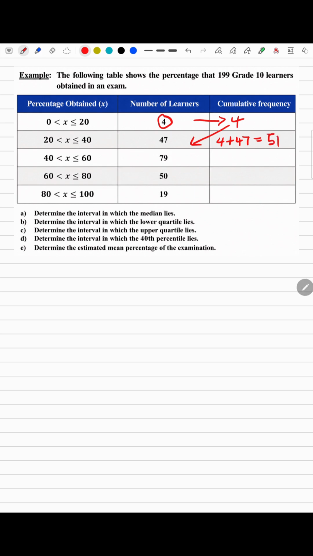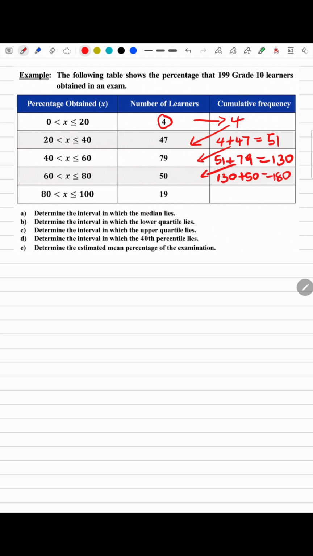Therefore, to get the next cumulative frequency, we will take the present cumulative frequency and add it with the next frequency. We will have 51 plus 29, which is equal to, let's press the calculator, 130. Then we take that 130 and add it with 50.